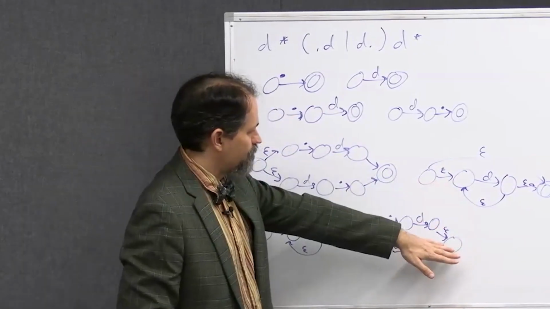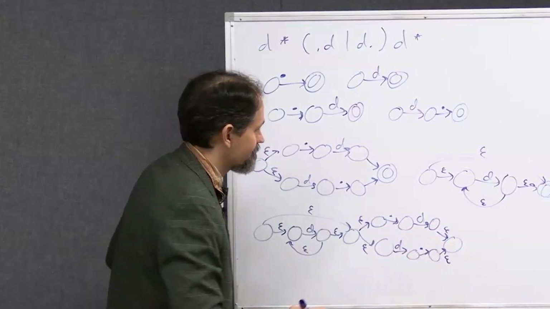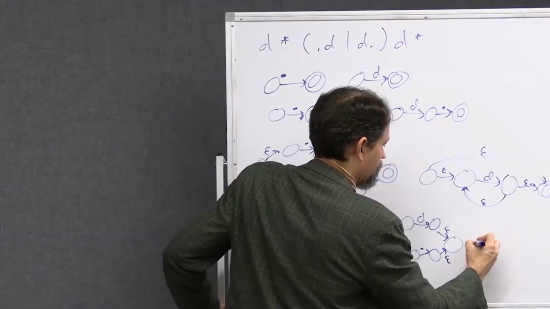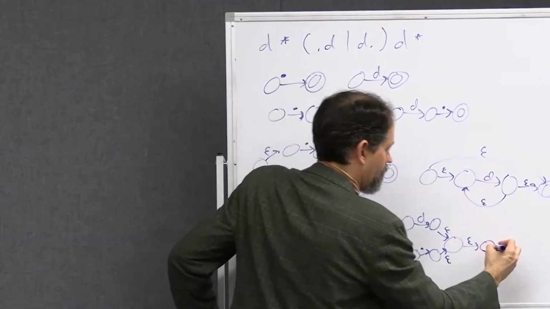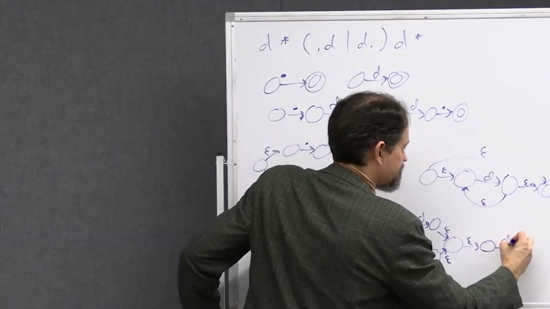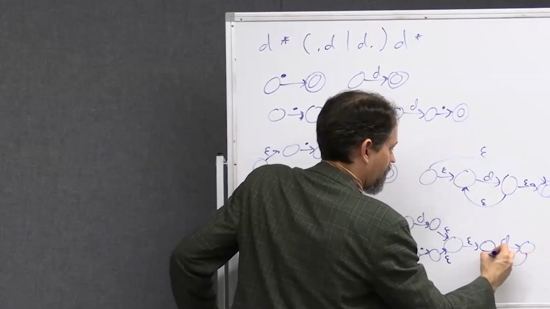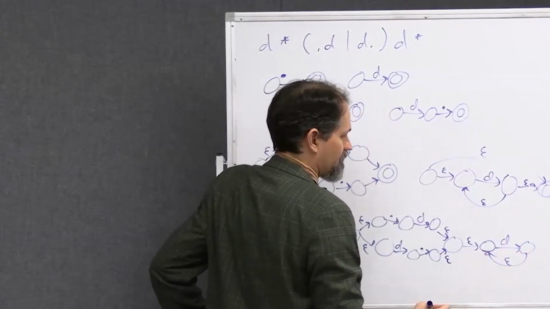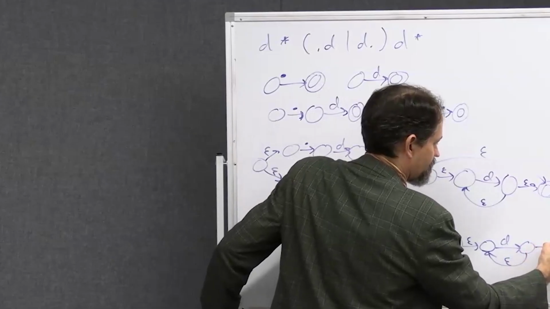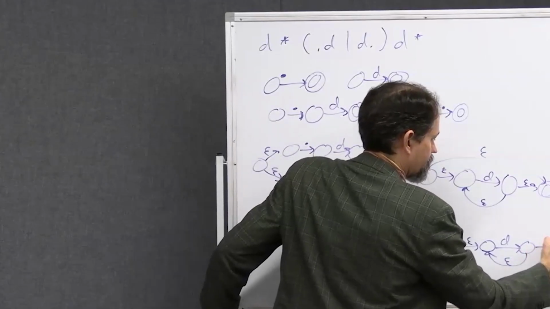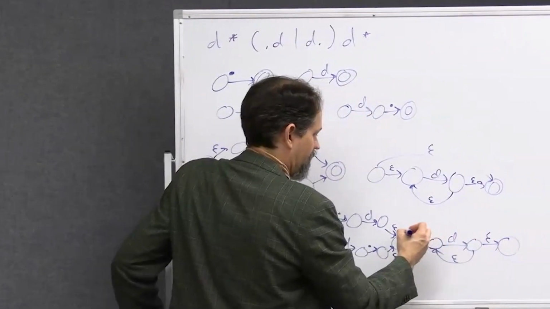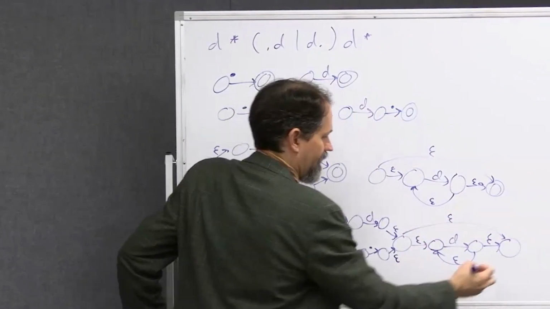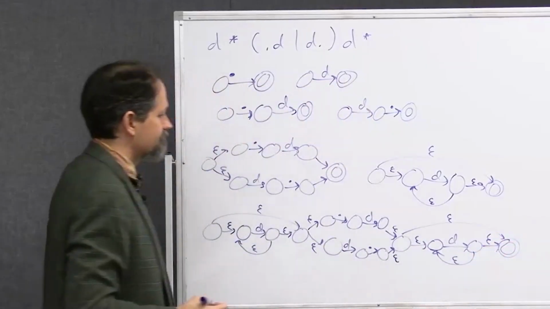And then we put another D star at the end, right? So epsilon 2 in the middle, we've got one D, we've got an epsilon that allows us to repeat that D 0 or more times, we've got an epsilon to go out, we have an epsilon to skip the whole D star at the end, and then this is our final state.